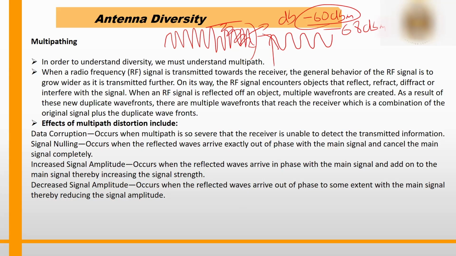One thing to note is that the frequency of the reflected signal and the main signal remains the same. Looking at the characteristics of the wave, even if it hits an object, the frequency is the same. What changes is the phase and the amplitude.